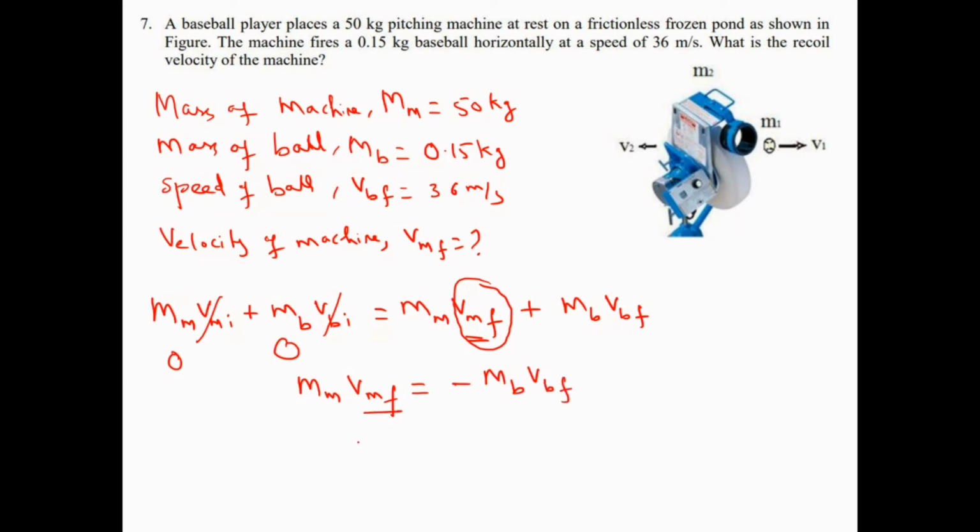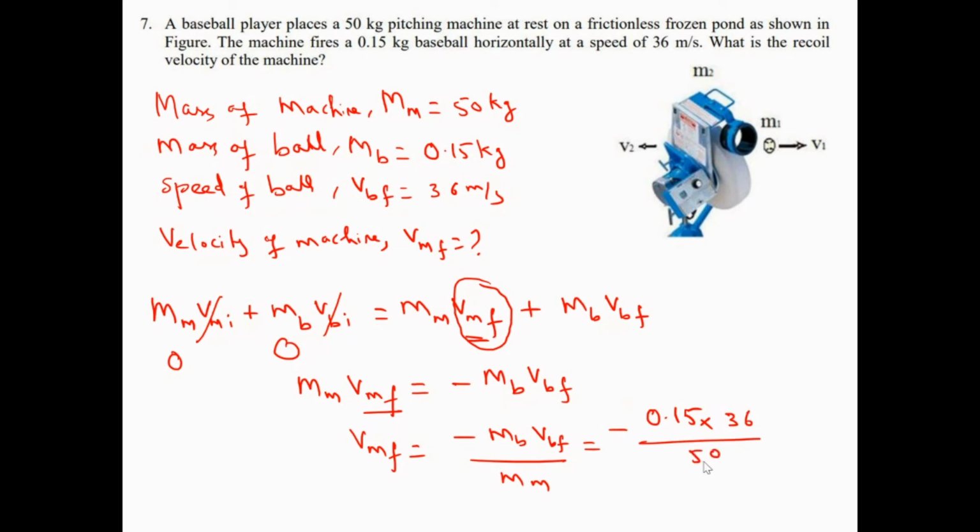Therefore, the velocity of the machine final is equal to minus the mass of the ball times the velocity of the ball final divided by the mass of the machine. Now I'm going to substitute the value. Minus the mass of the ball, which is 0.15, and the velocity of the ball, which is 36 meter per second, divided by the mass of the machine, 50 kilograms.